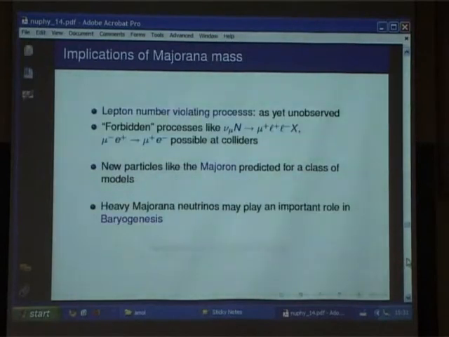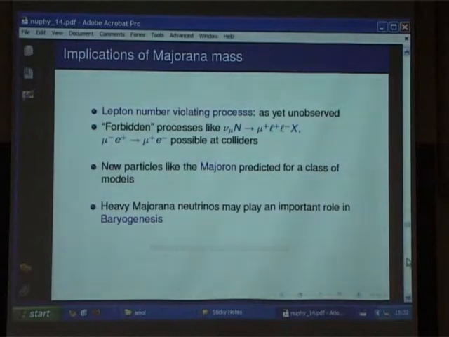Before we go there, let's quickly look at some implications of Majorana mass. We will not go into this in detail, but it's good to see. Majorana mass essentially means lepton number is violated. So once you have Majorana mass, lepton number is violated in all your theories, so you cannot prevent it from being violated.